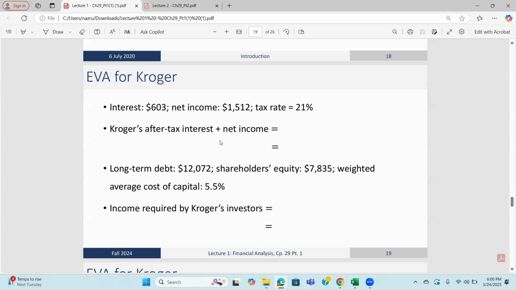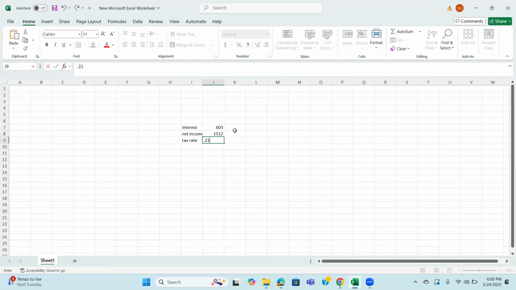We have interest, right? So we can easily calculate after tax interest. How? Our interest is this one, and we have tax advantage, so one minus our tax rate.